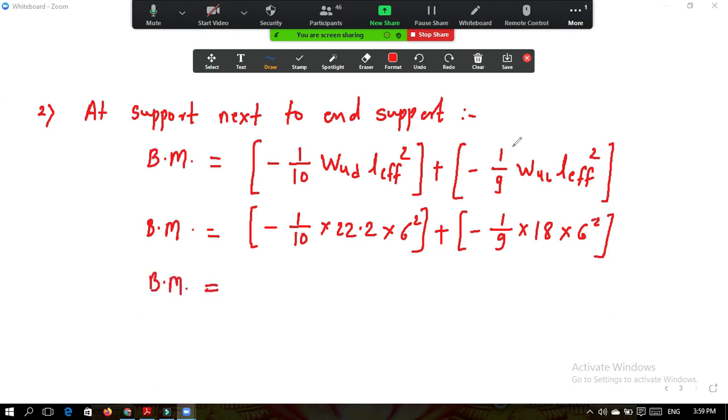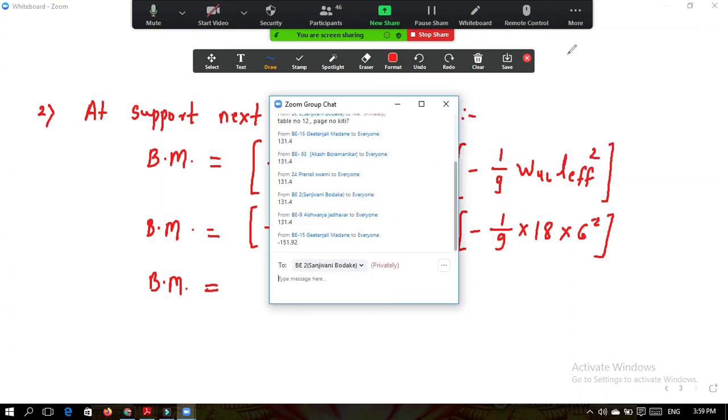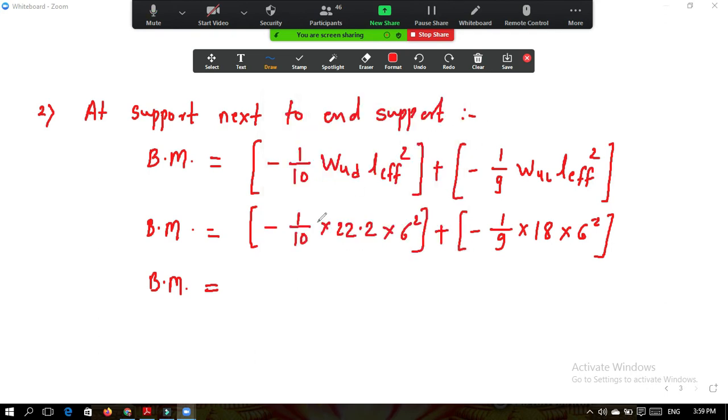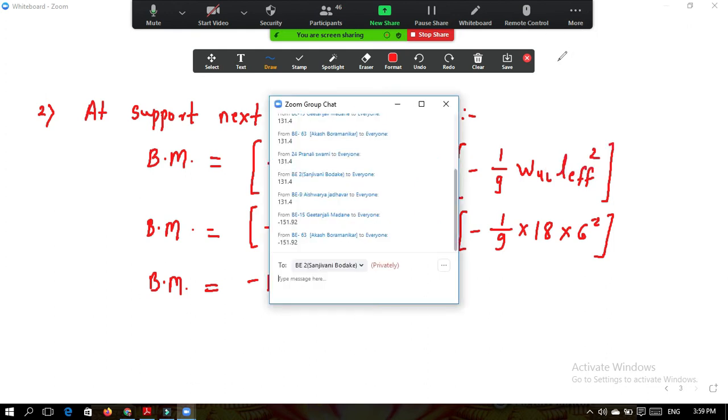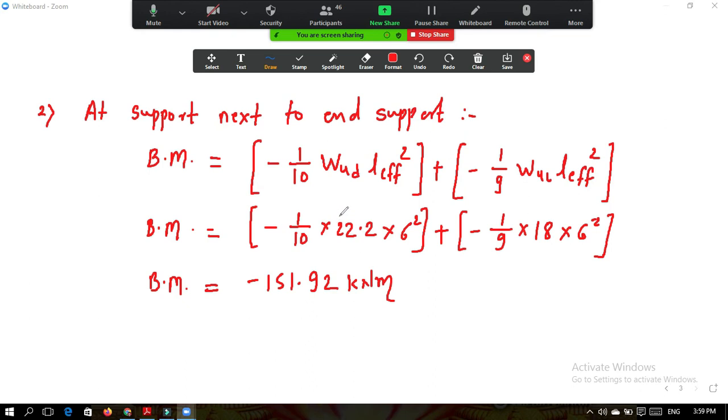So the bending moment is equal to, what is the answer? Answer is minus 151.92 kilonewton meter. So others, please do check the value. Okay. Correct. So now this is the bending moment at support next to end support.